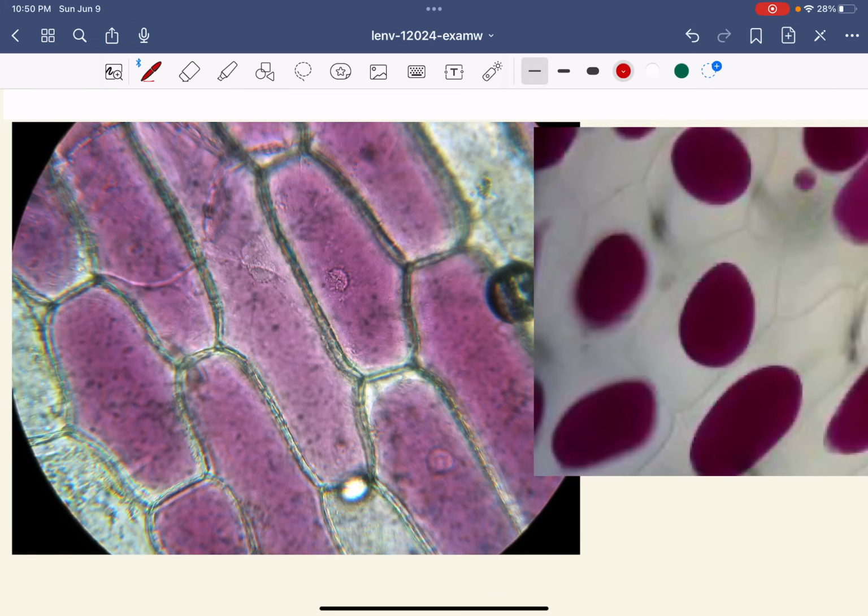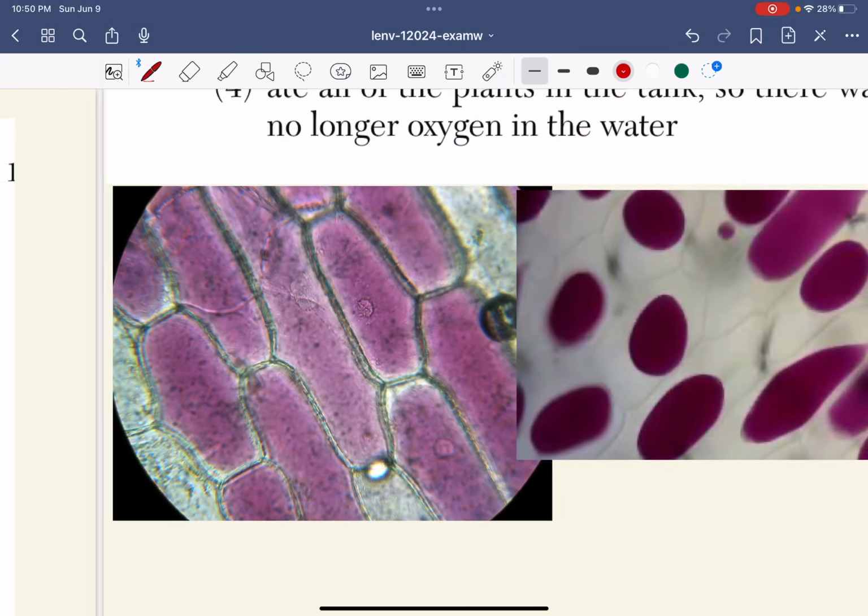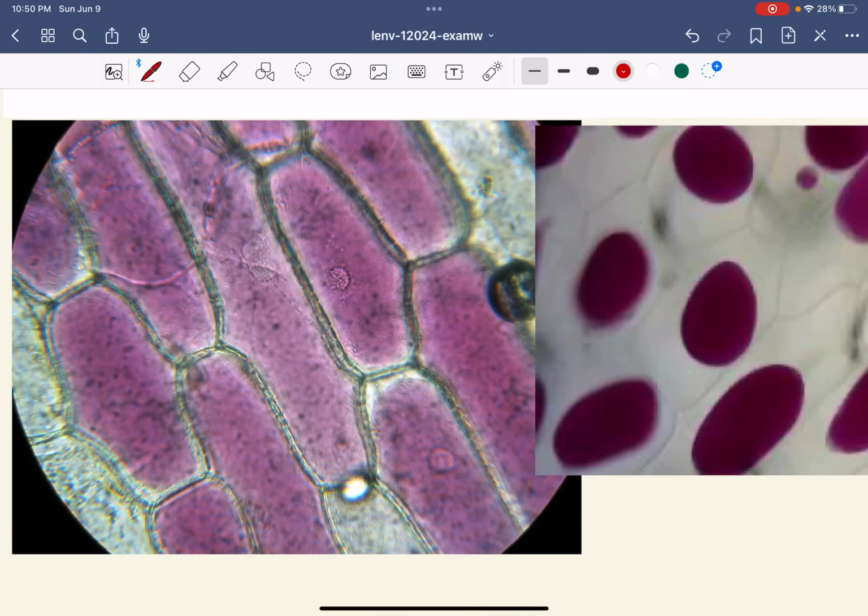Listen to me. This is why it's so important that you did all those 4 labs. This is diffusion through a membrane. It was a little stinky lab because the onion smelled after a while. But you took a specific layer of onion, made a wet mount, and then observed this. And this is 1 onion cell. Okay, this is perfectly fine.